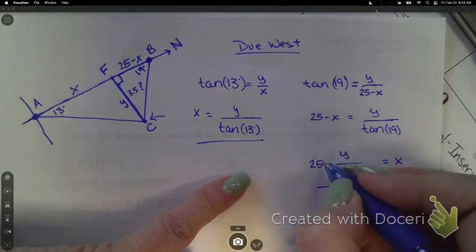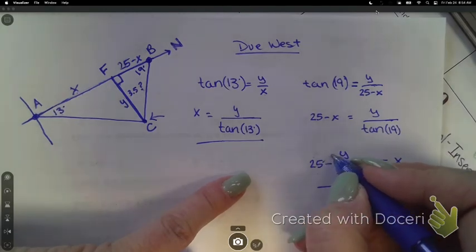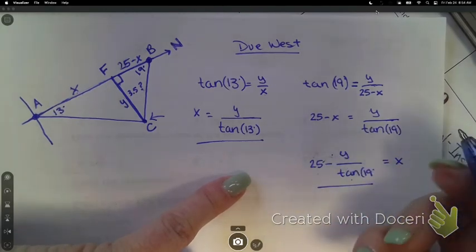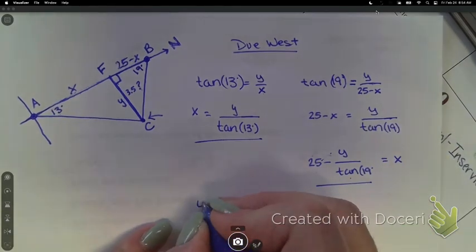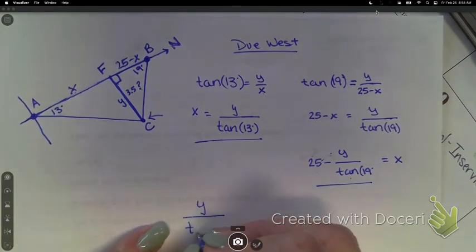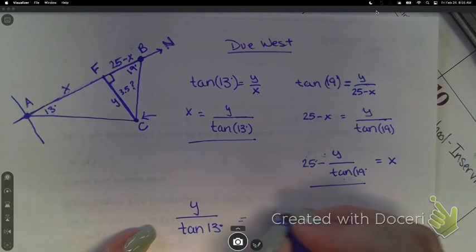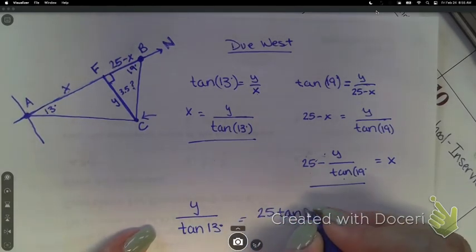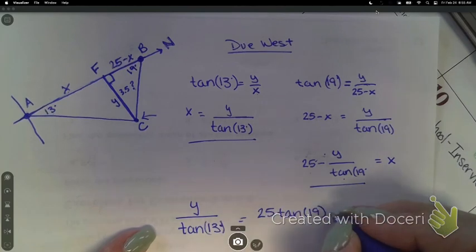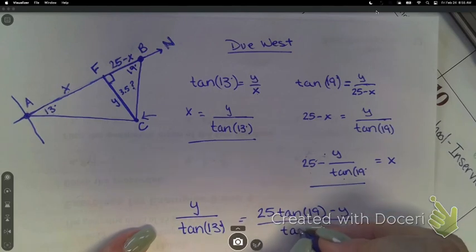And so this would just be 25 tangent of 19. Everyone following? So I have y over tangent of 13 equals 25 tangent of 19 minus y over tangent of 19.